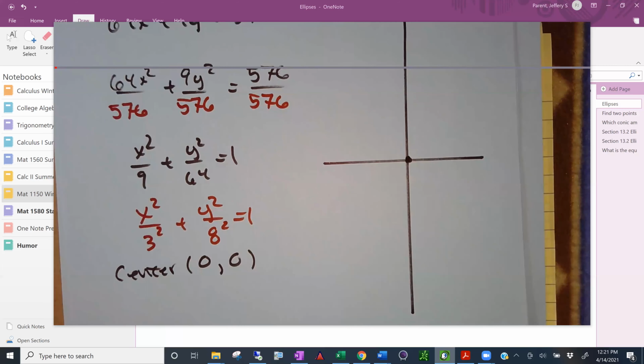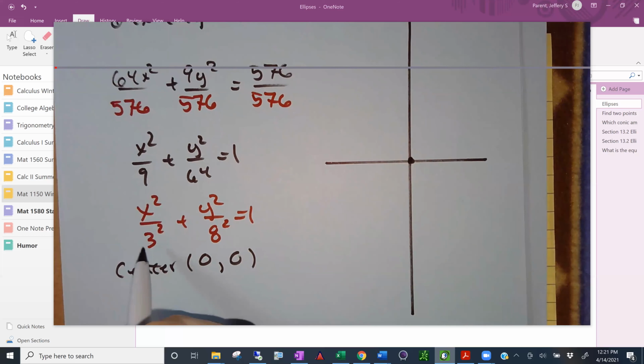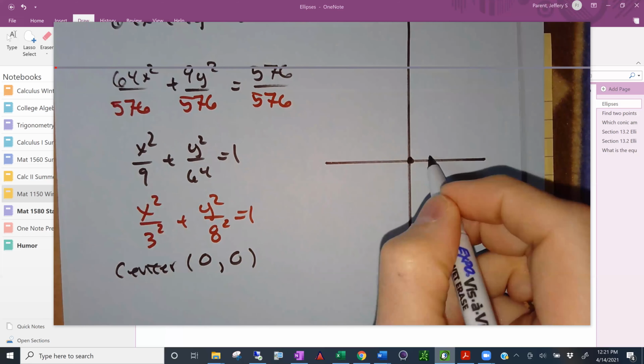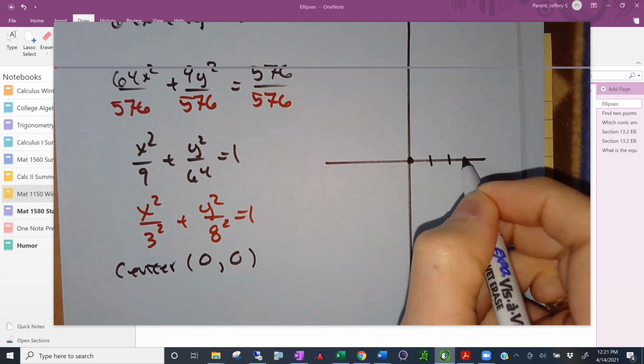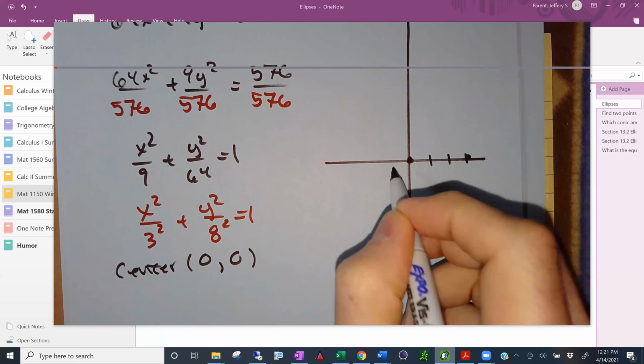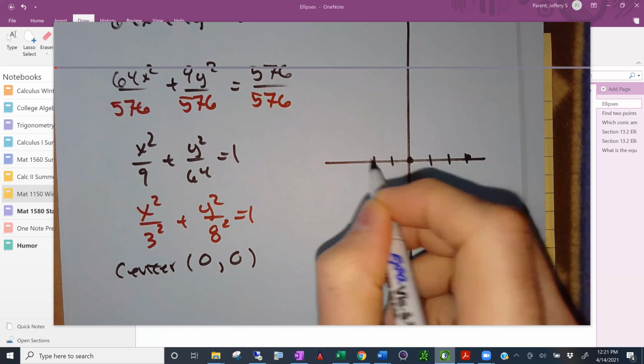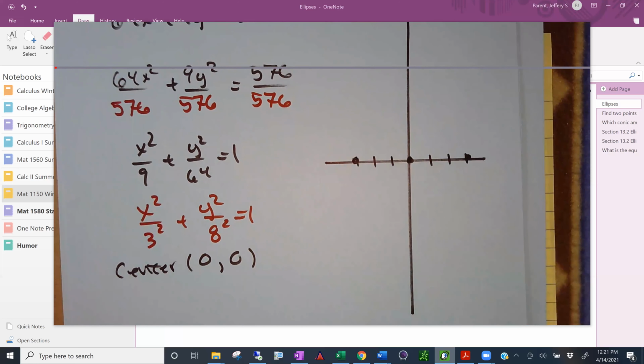Now, the nice thing about having it in this form is that it tells you basically where to go to find the vertices of your ellipse. I'm going to go 1, 2, 3 spots to the right, and 1, 2, 3 spots to the left. And those are 2 of my vertices. That's for the minor axis.